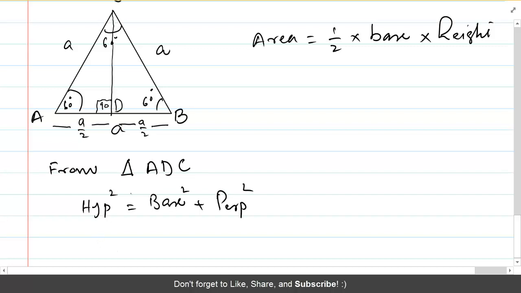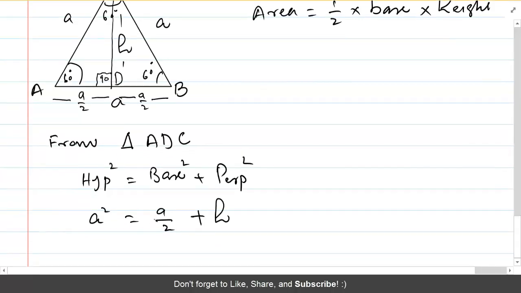And what is the hypotenuse? The hypotenuse is always the side opposite to the 90 degree angle, which is A. So A square is equal to base. Base for triangle ADC is A/2, plus perpendicular, which is what we named as height. Let's name it H. And this is squared, this is squared as well.